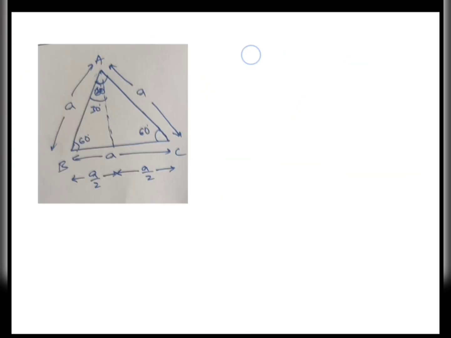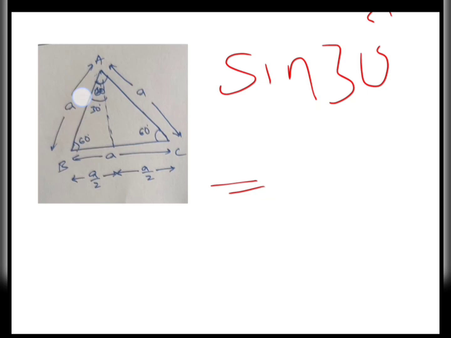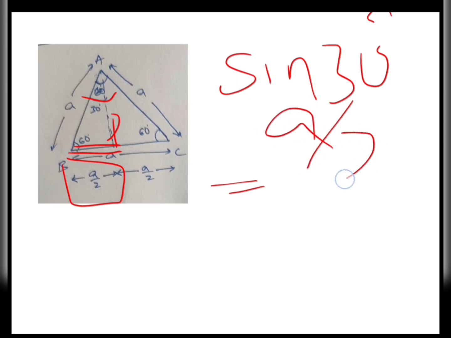The same figure is drawn here. And you want to find sine of 30 degrees. Sine 30 will be opposite side by hypotenuse. The side opposite to 30 degrees is BD, which is measuring a length of A by 2, divided by the hypotenuse.